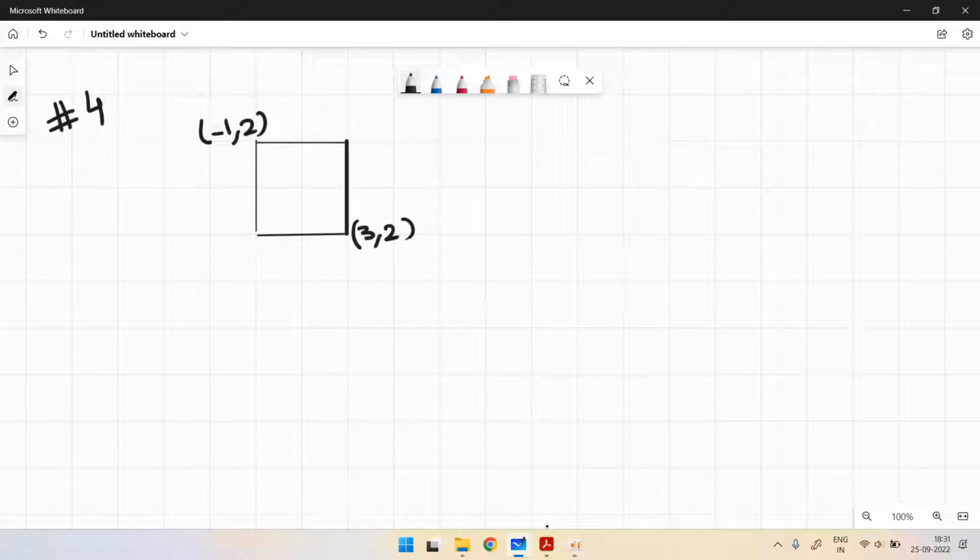Let us suppose I am naming these A, B, C, and D, and this is O, the center of the diagonals. If I join these, I will get the center of the diagonals.